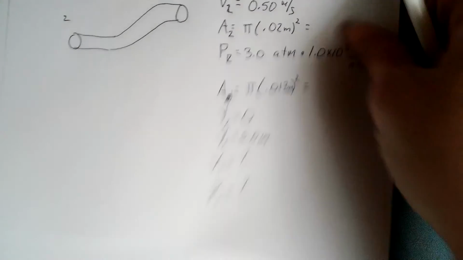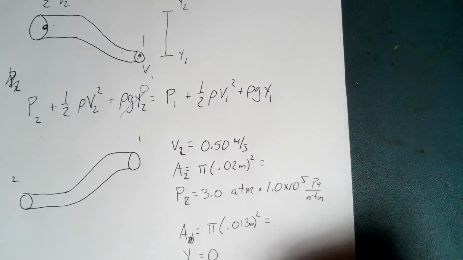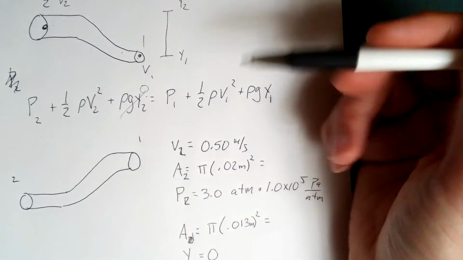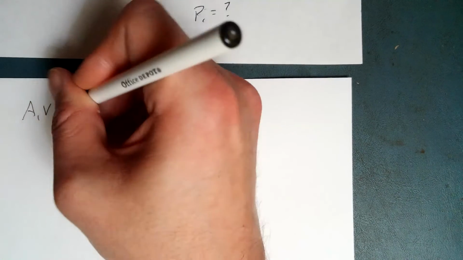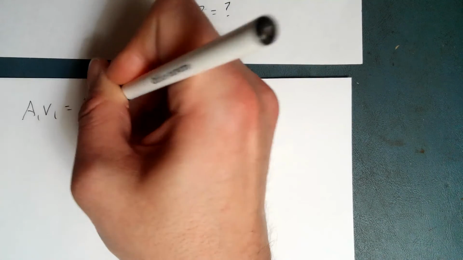If you look at the equation, if we don't know speed 1 and pressure 1, even with this term being 0, that's 2 unknowns. So we need a second equation. You can always use the continuity equation no matter what is happening to the pipe or the pressures. This is always true for any situation.